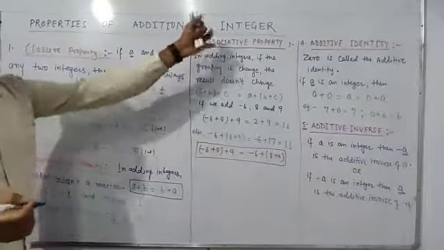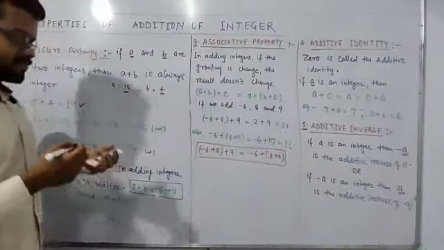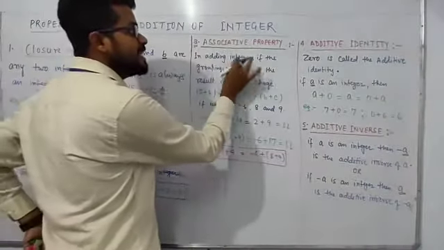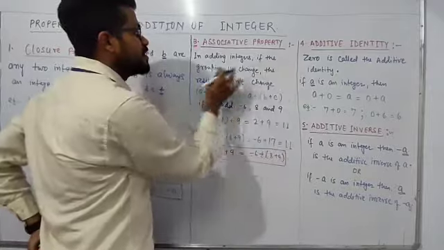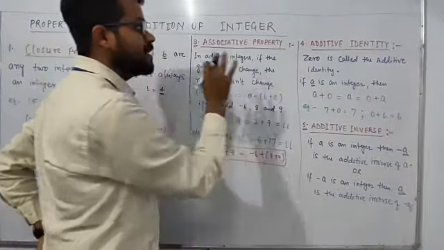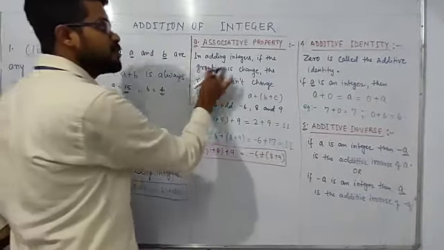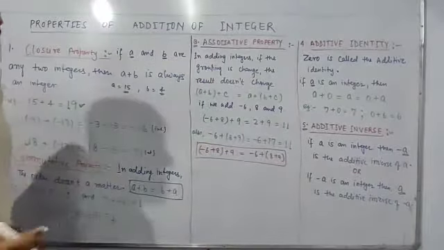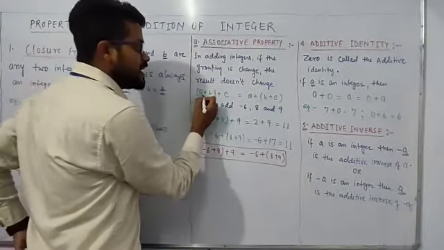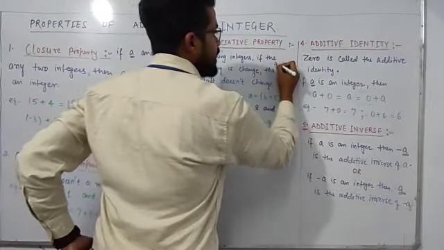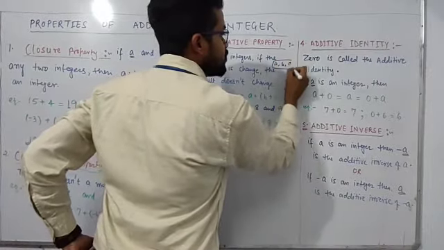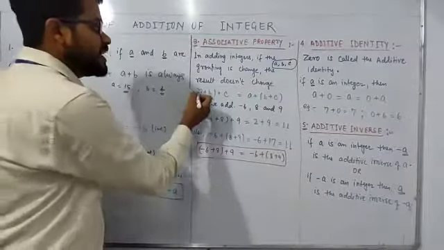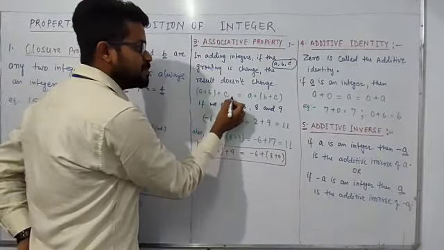Now the third one is the associative property. According to the associative property, in adding integers, if the grouping is changed, the result doesn't change. For example, if a, b, c are three integers, we arrange a plus b plus c.